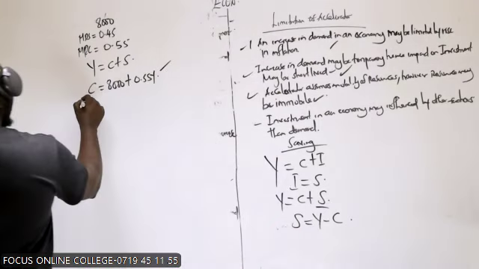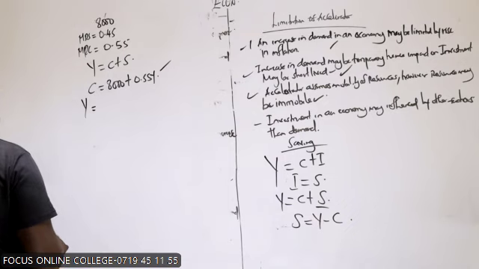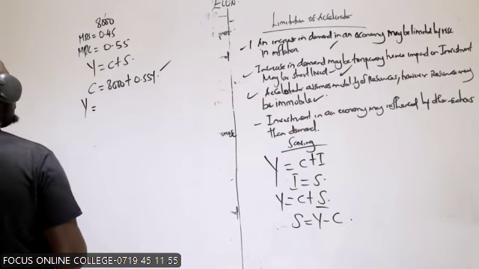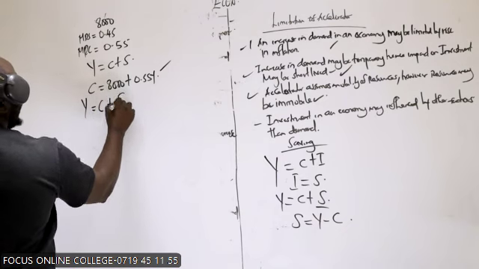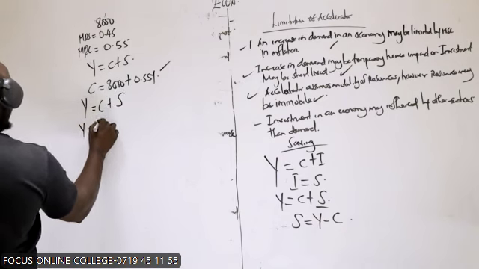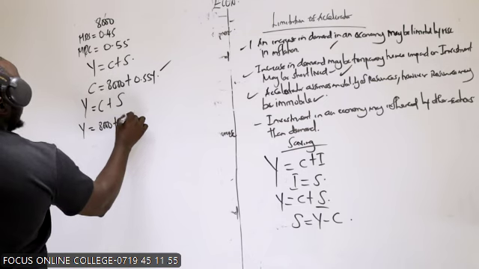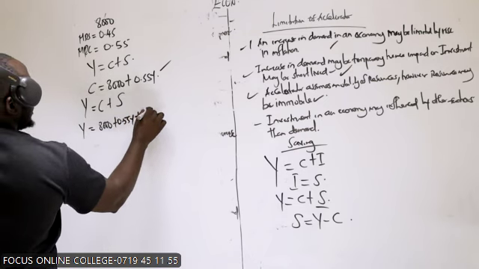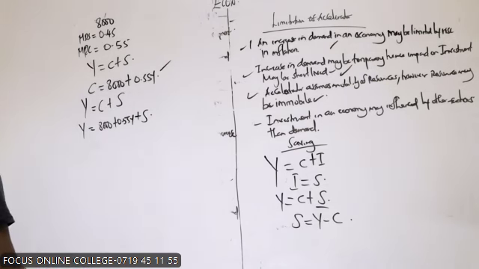So we come back here and say Y is equal to C plus S. So Y is equal to 8,000 plus 0.55Y plus S that you don't know. Collect the like terms together.